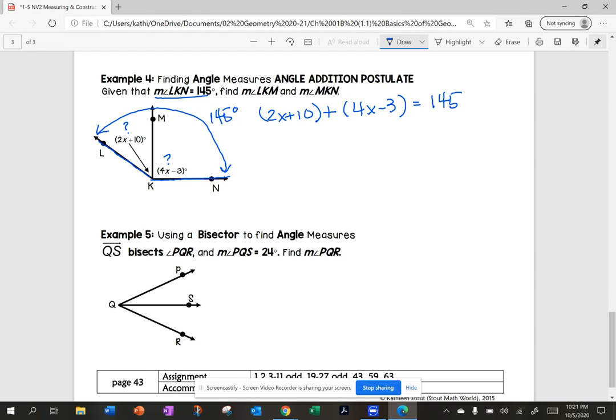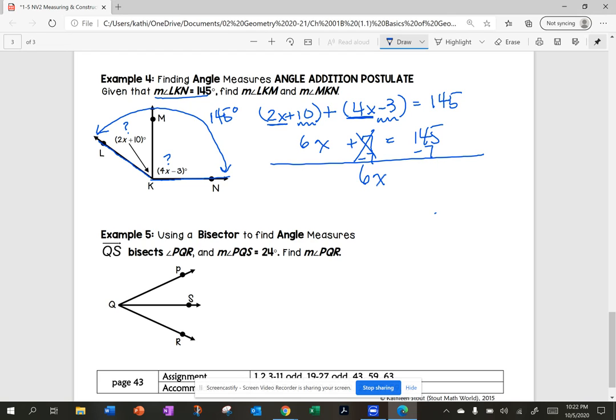Now I'm going to combine my like terms. 2x and 4x is 6x. Plus 10 and minus 3 is plus 7. Equals 145. Subtract 7 from both sides.